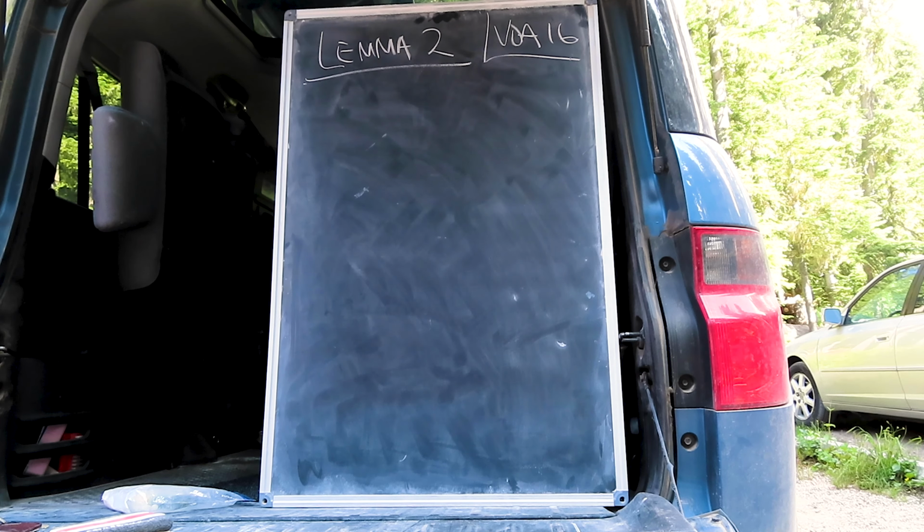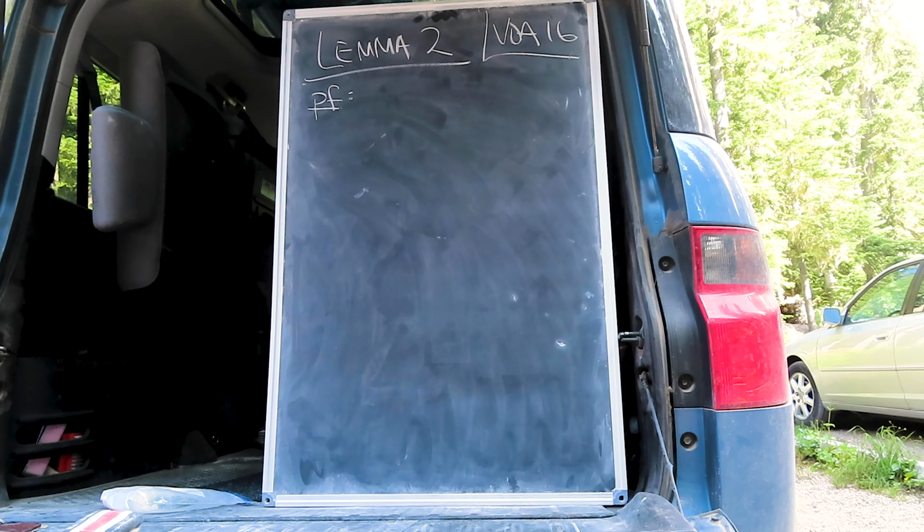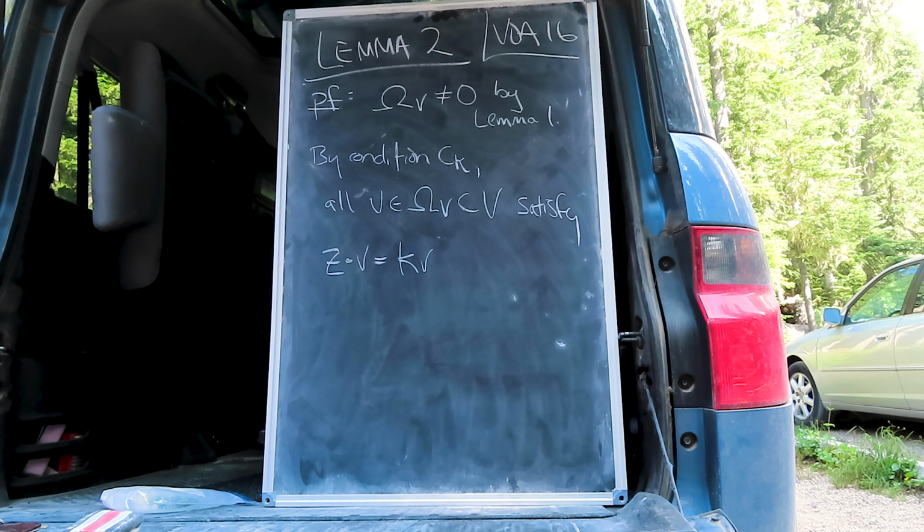Next up, lemma 2. Again, let V be some H module that satisfies the condition C sub k. Then the vacuum of V is a B+ module, and in that capacity is completely reducible to one-dimensional subspaces. Proof. For this proof, it may help to review the constructions of last time, section 15. Okay, first, of course, the vacuum of V is non-trivial by lemma 1. Additionally, by the first requirement in the condition C sub k, the action of Z from H0 on any vacuum vector is necessarily scalar multiplication by k.